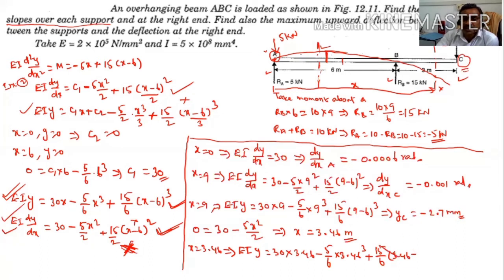Here you should not take this last term because you are taking the axis here. Then you will get y max, upward y max is equal to 0.69 millimeters. So this is the way you have to solve this problem.